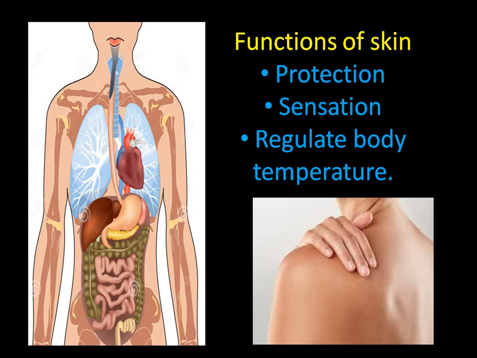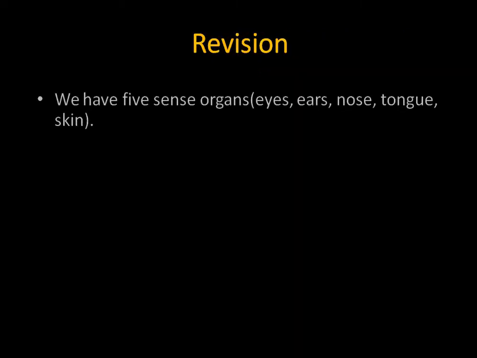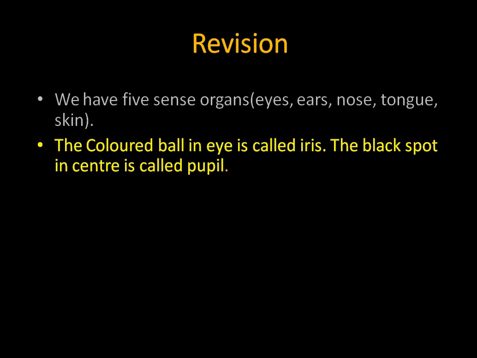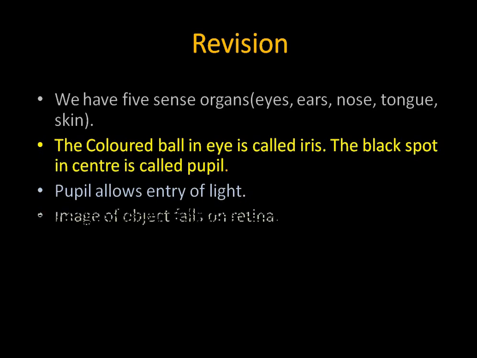And so with this, we are now over with today's chapter, and let's revise before we go ahead that we have got 5 sense organs. The colored ball in the eye is called the iris, and the black spot in the center is called the pupil. The pupil allows entry of light and it expands and contracts.